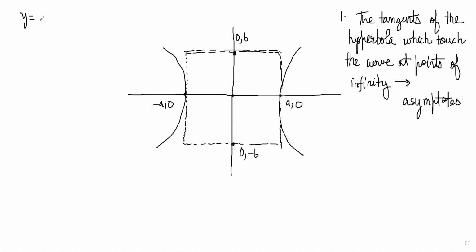So we know that y is equal to mx plus minus root over a square m square minus b square is the equation of a tangent to the hyperbola.